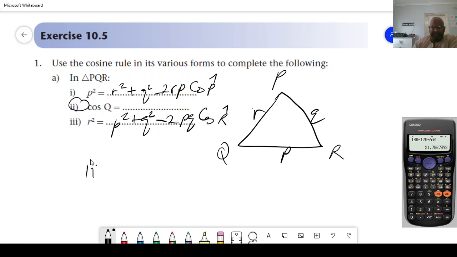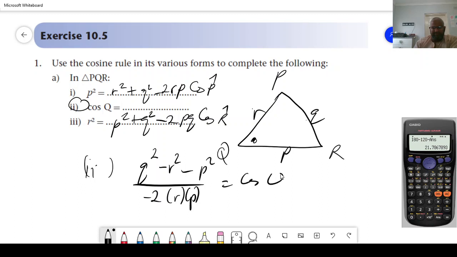Okay. Number 2, they want you to work out angle q. Alright, so this will be q squared minus r squared minus p squared over negative 2r times p equals cos of angle q. Otherwise you could have said, since they wanted to work out angle q, I can firstly say that q squared is equal to r squared plus p squared minus 2rp cos of angle q.